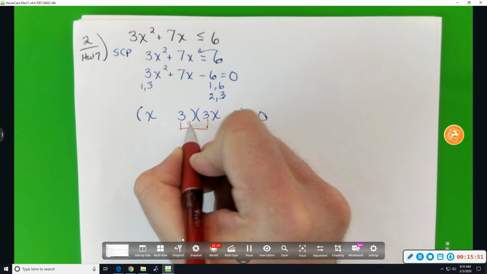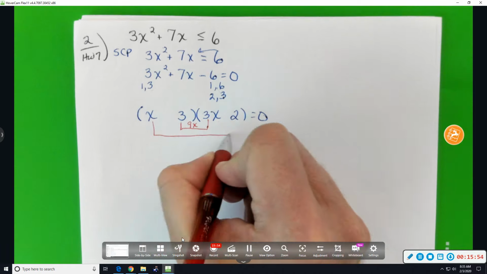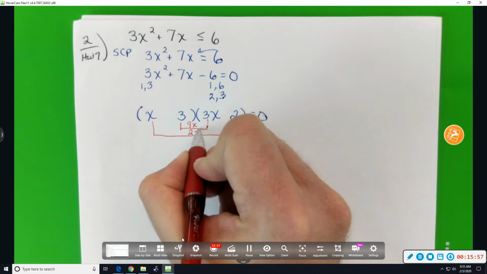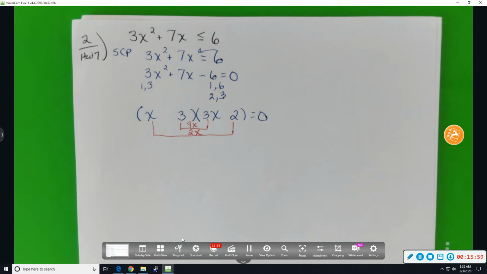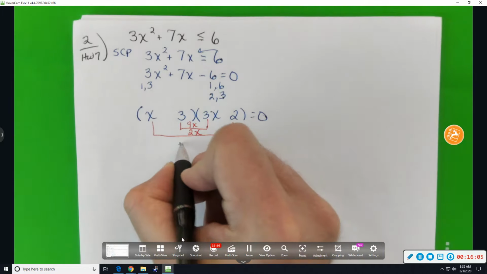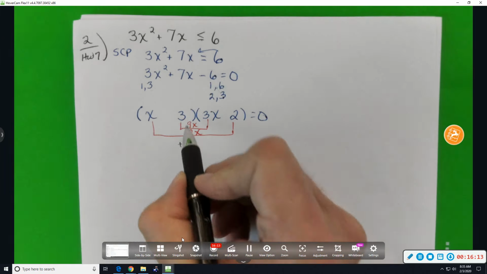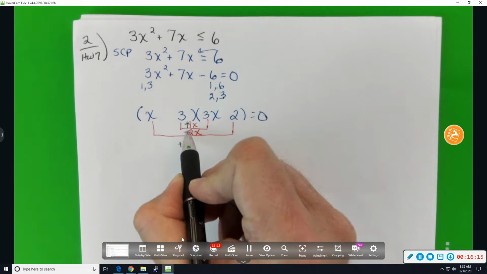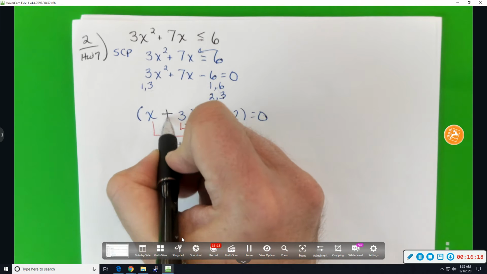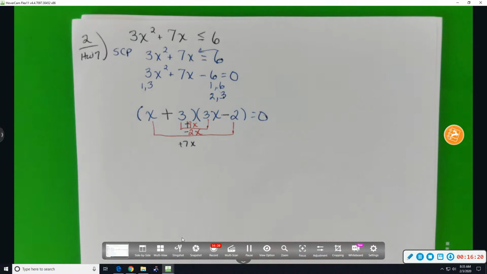That would be a 9x, a 2x, I want a positive 7x. Can I arrange my signs to get a positive 7x? I think so. If we made the 9 positive and the 2 negative, that would mean put a plus in front of the 3 and a minus in front of the 2.